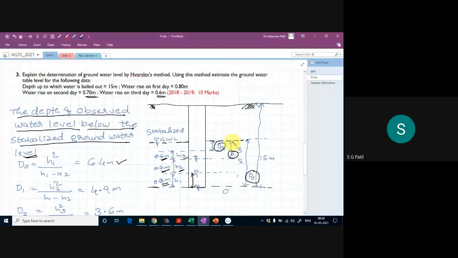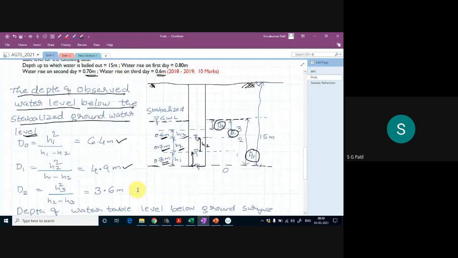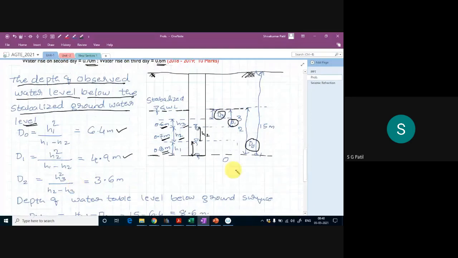D1 is nothing but H2 square divided by H1 minus H2. And what is D2?